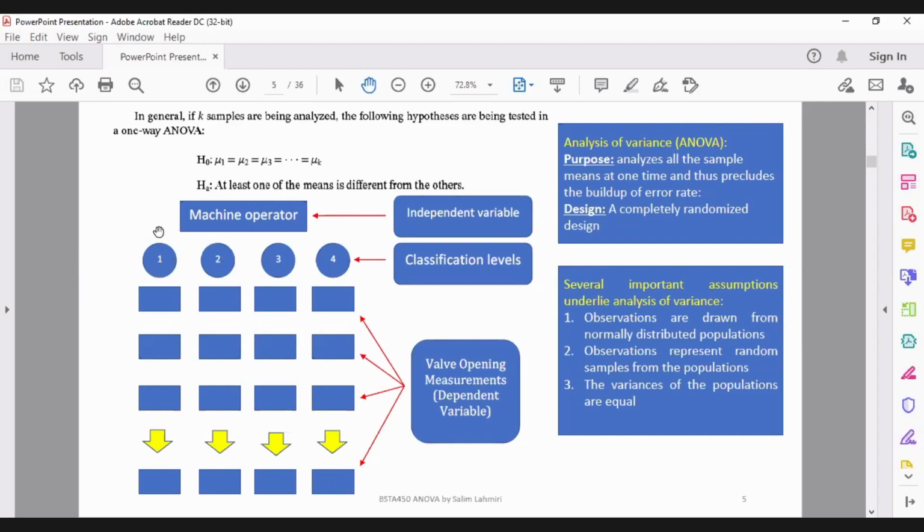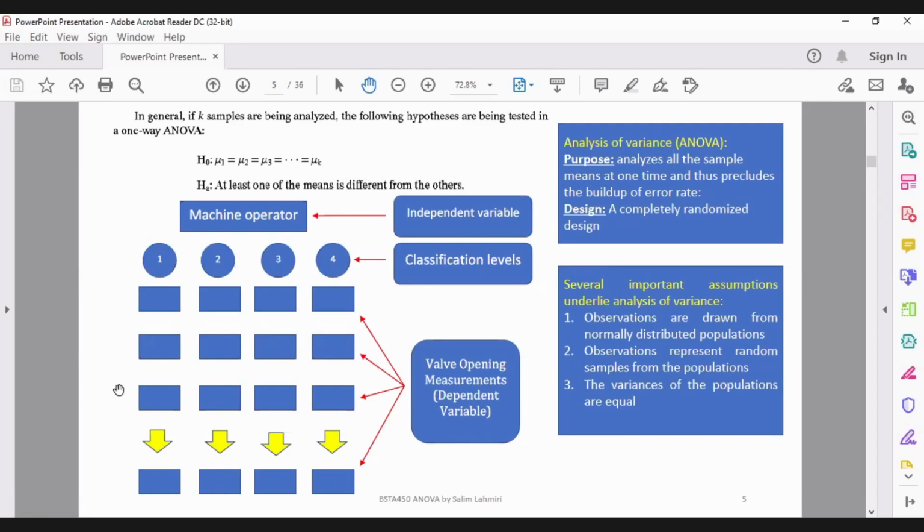So we got experiment 1, experiment 2, experiment 3, experiment 4. Under each experiment, there are some measurements. Measurement 1, 2, 3, 4, k. For experiment 2, we got measurement 1, 2, 3, and k.